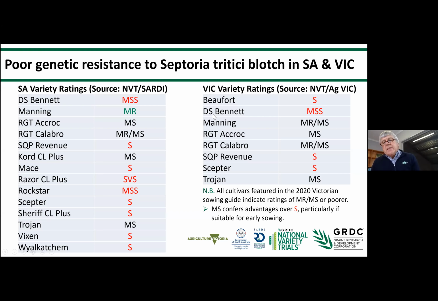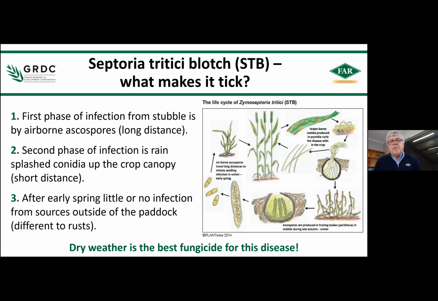The other aspect, as I mentioned earlier, that requires us to know a little bit about how this disease ticks, for want of a better description. So let's just have a look at some of the phases by which the disease spreads. And I'll keep this rather brief because there's far better people like Grant, who will be speaking to you in a future webinar, to take you through this in detail.